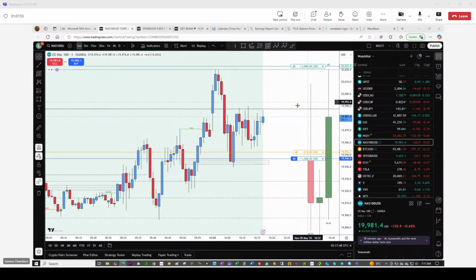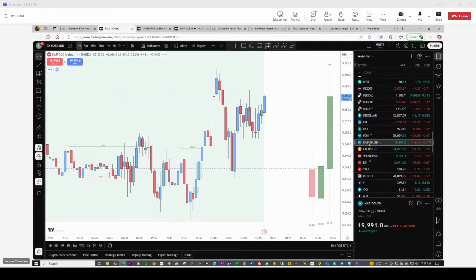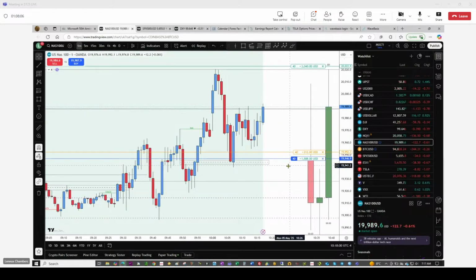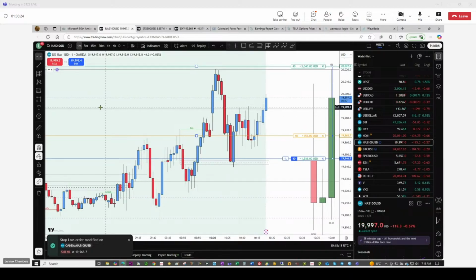It's still in a positive mode, but for some reason it's doing too much hesitation on the NAS. S&P looks quite positive, so we should go. Here we go. Oh, now we've broken that high. I could bring my stop up a little bit more. Now it's going to go. But again, I don't want to bring it up too tight. I do have a gap there, so I could bring my stop up into this area here. That should hold us up.